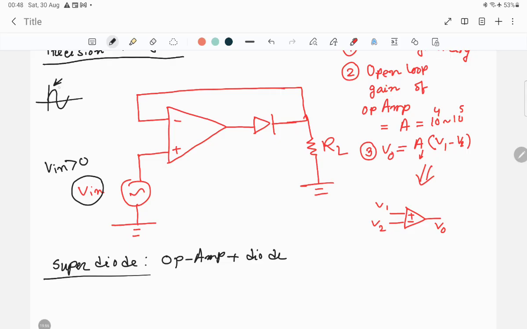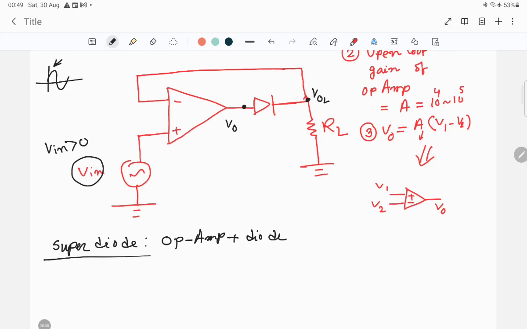In the positive half cycle, my input signal will definitely be above the voltage level, right? So in this configuration, suppose this is V0, or V0L, this is the V0.